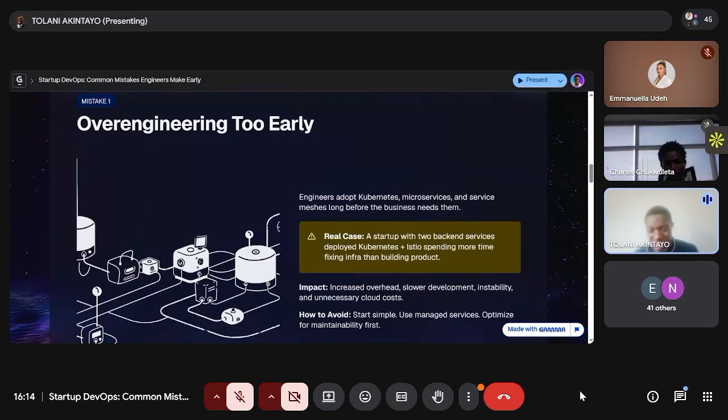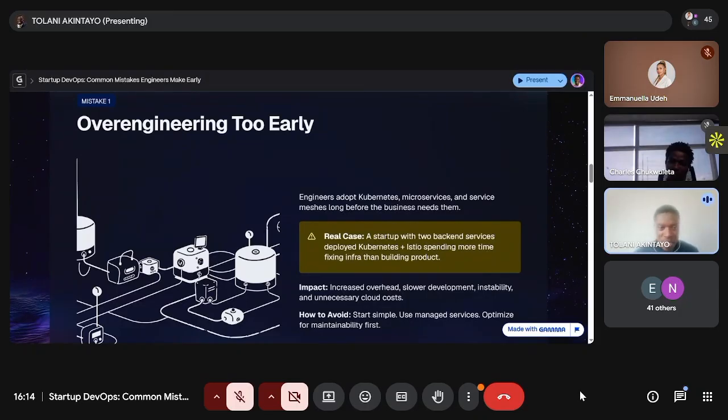There's a cost that comes into it. There is the overhead that comes in, because you have to be managing a whole lot of things. And just imagine a startup using, let's say, things like Kubernetes, because it's what you hear a lot in the media. Kubernetes is awesome and all of those things, Argo CD, all of those cool stuff.